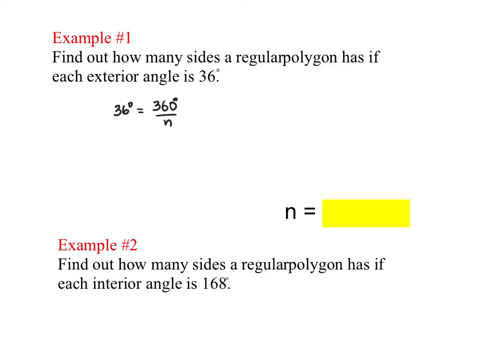Therefore, in this case, I could find n by multiplying both sides by n, and then dividing both sides by 36. So it looks like n is 10-sided. Okay, which would mean we've got a decagon. Now this would be a regular decagon, of course, in this scenario.